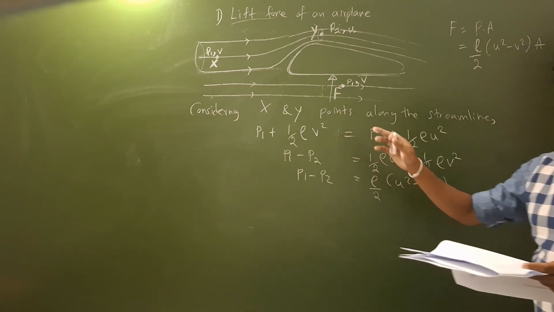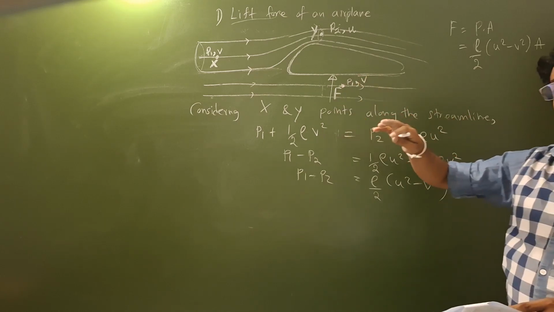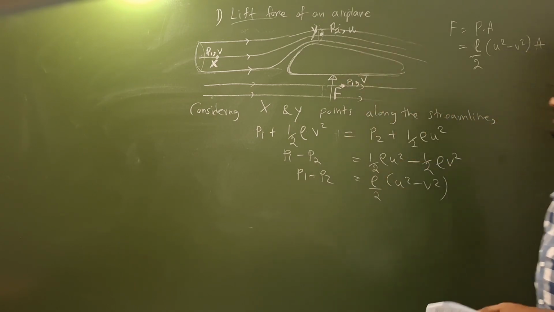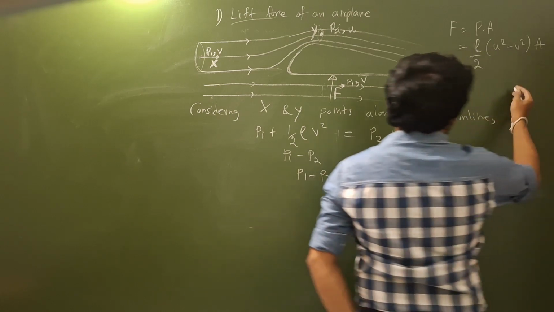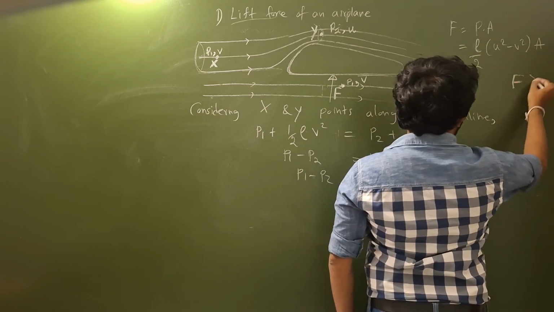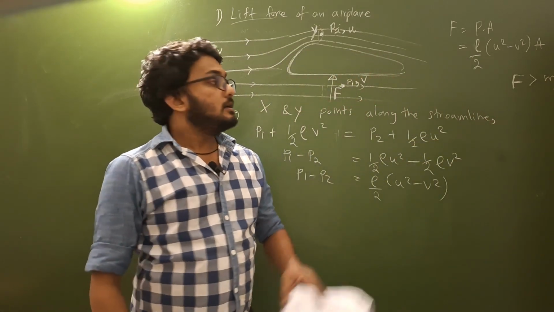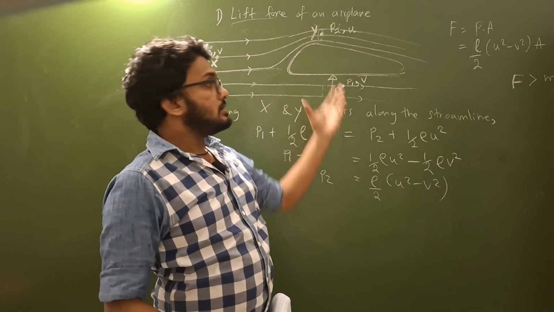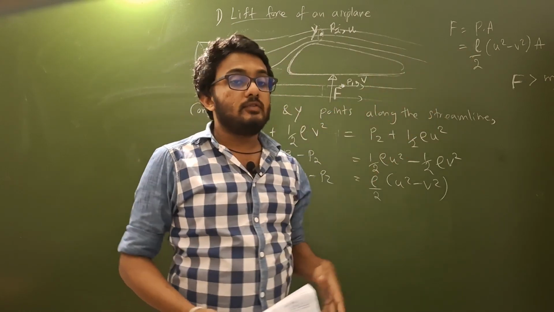So after that, there are two wings. Normally there are two wings, so there will be another force on the other wing also. If we consider the sum of both those forces as F, so if F is greater than mg, that means if the resultant force due to both the wings is greater than mg, the weight of the plane, then the plane will lift up.